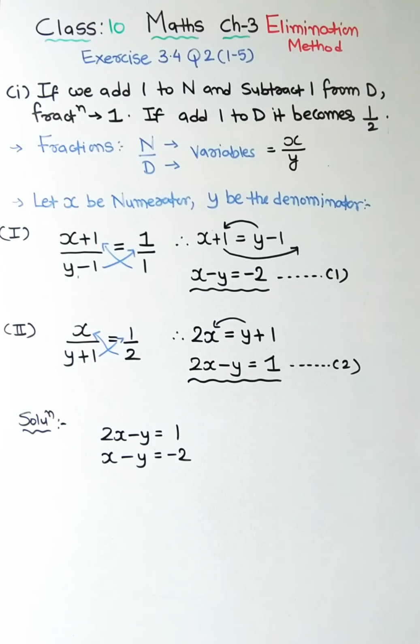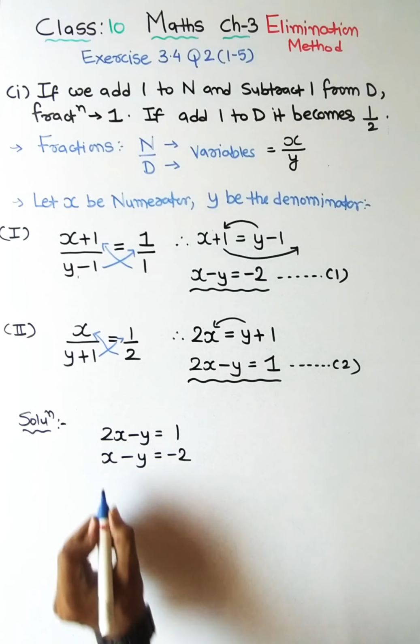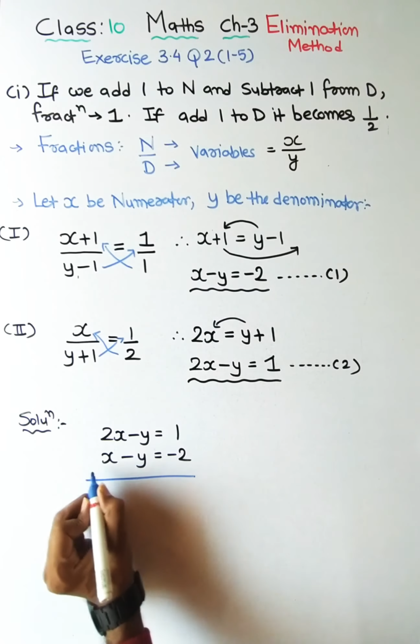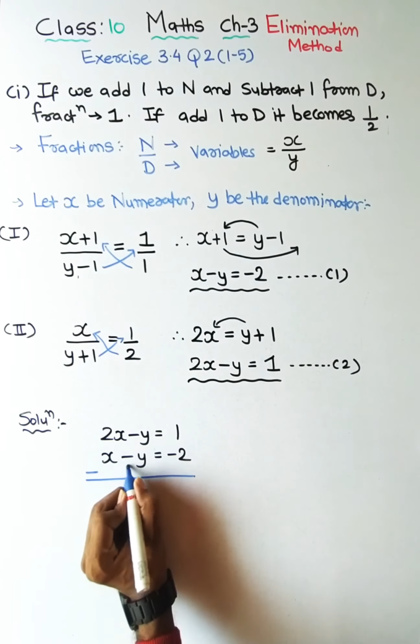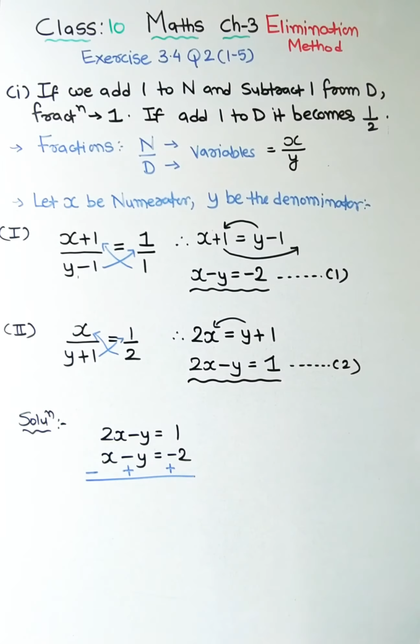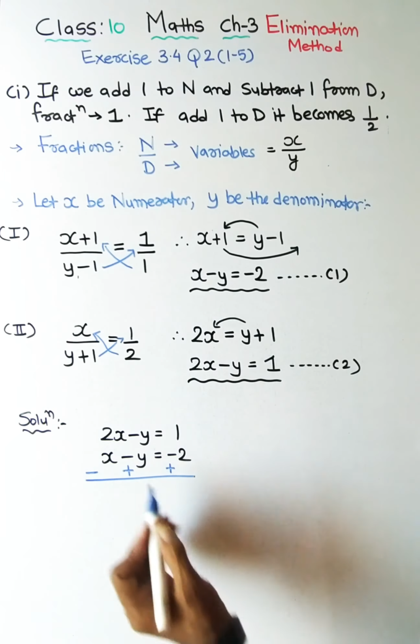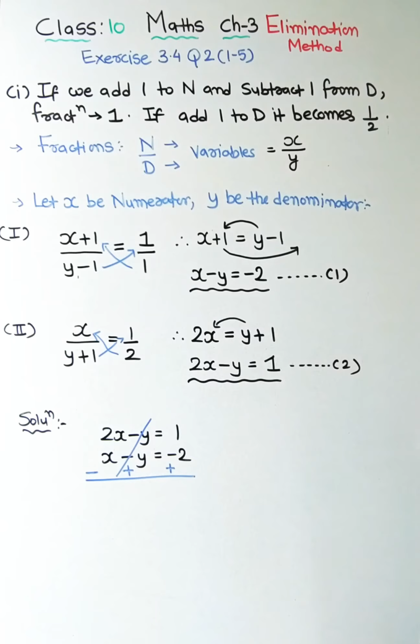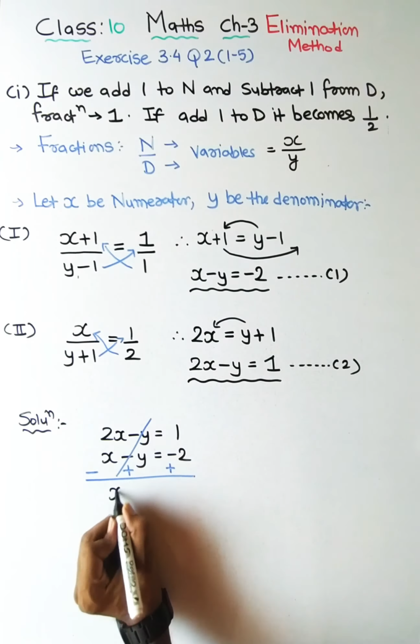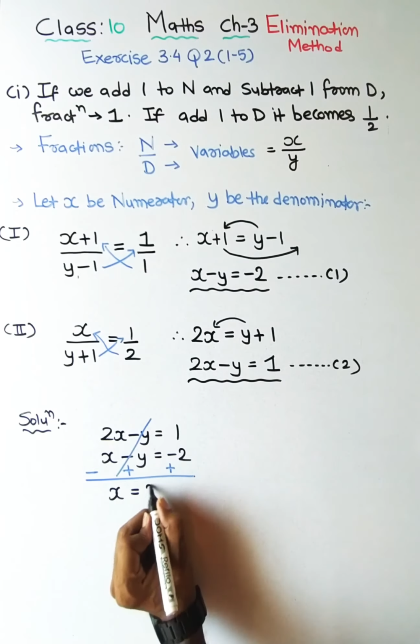Now what we have to do is to cancel one variable, eliminate one variable. So it is very easy. You just change the sign. Plus will become minus, minus will become plus. What is eliminated? Y here will be eliminated. So now what is left is 2x minus x, that is x, equals 1 plus 2, which is 3.